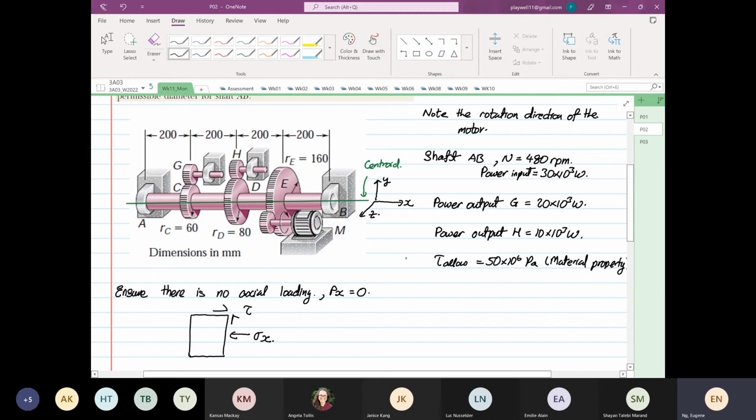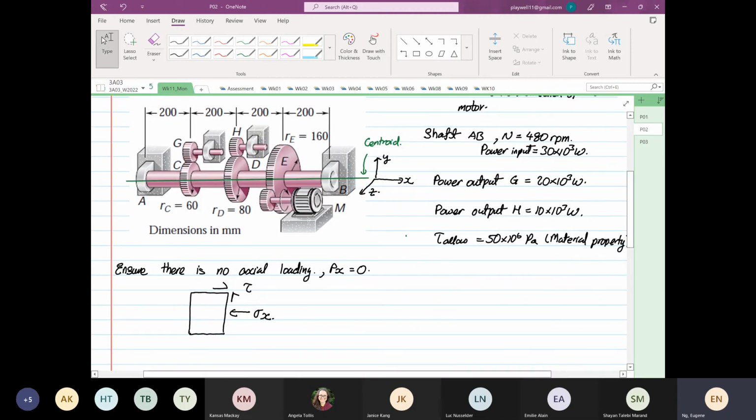We have to ensure that. Another thing we are going to do is ignore the shear stress induced by the shear force.